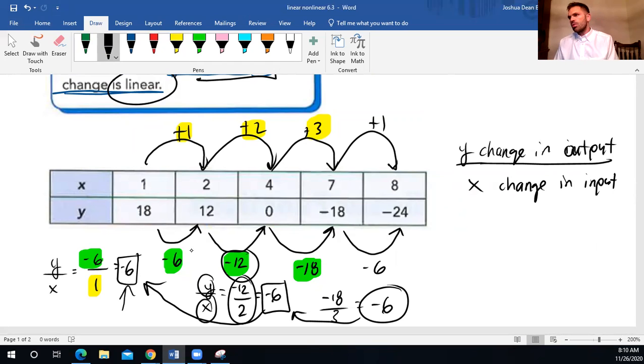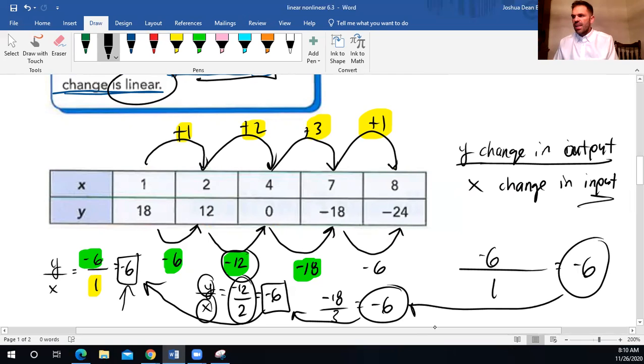Let's check to see if this last one works out. So here's this last one. I have a plus 1 for my input. Remember, input's on the bottom. So plus 1 on the bottom. And then my output's on the top, and that is a minus 6. So minus 6 divided by 1 is a negative 6. And you can see that it's the same as before.